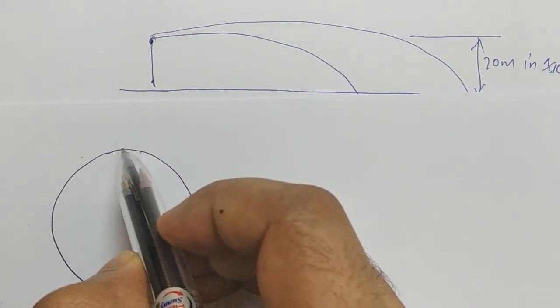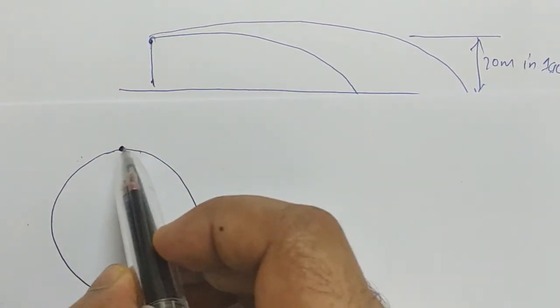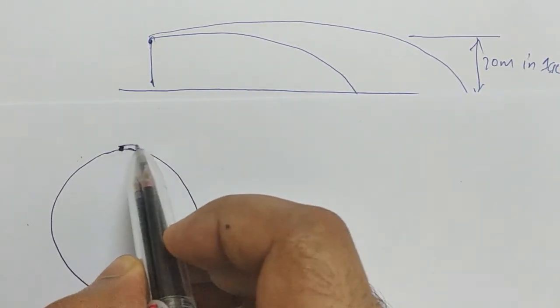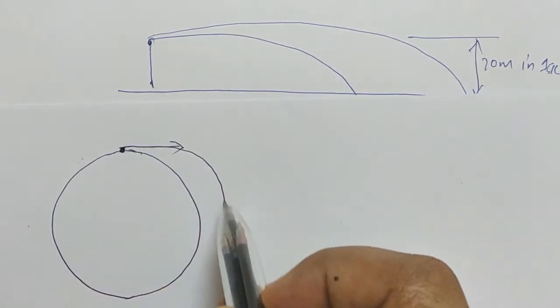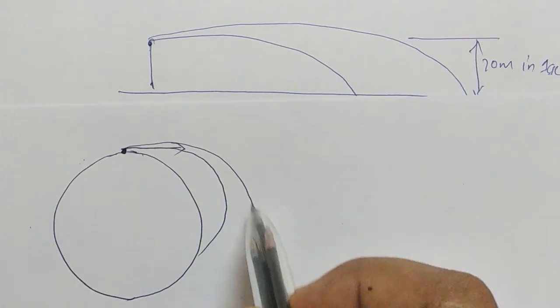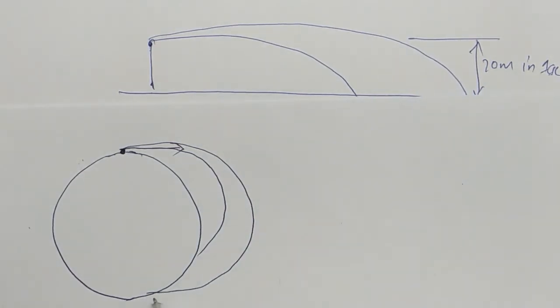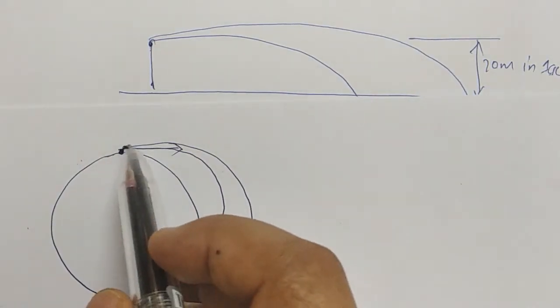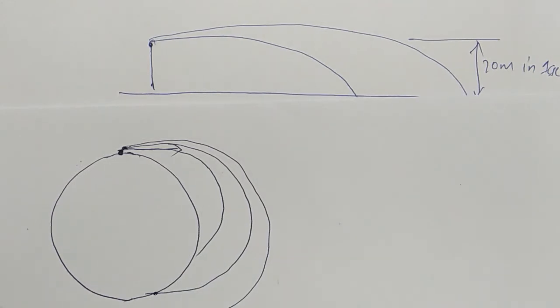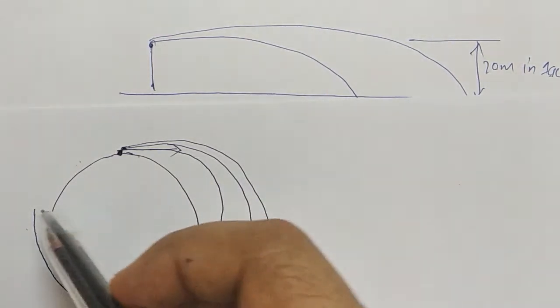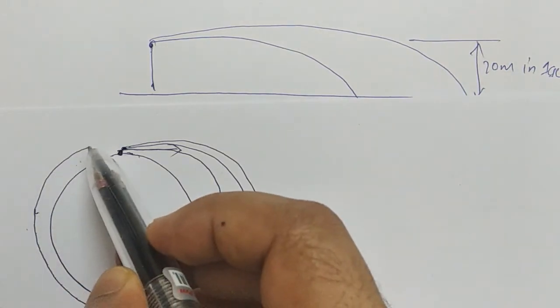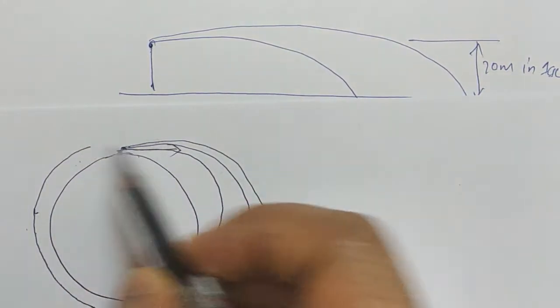If you are on the earth at this point and you project the ball in this direction at a faster and faster rate, you will observe that the ball will start falling around the earth, and there will be a speed at which the ball will regain its original path.